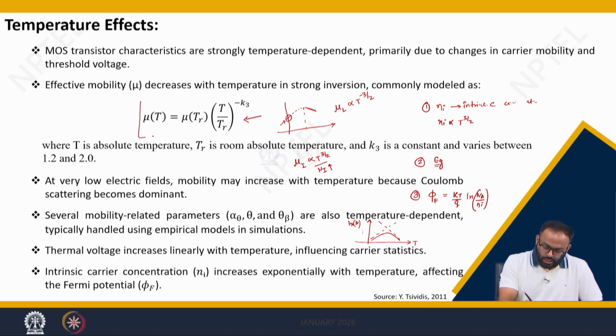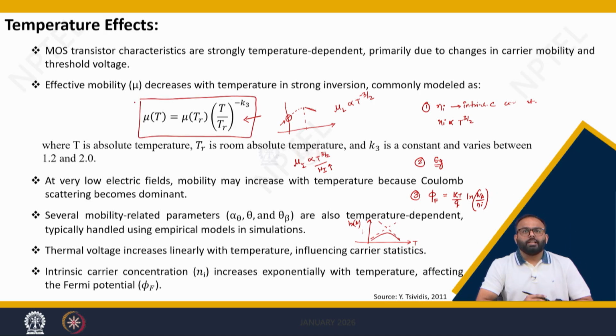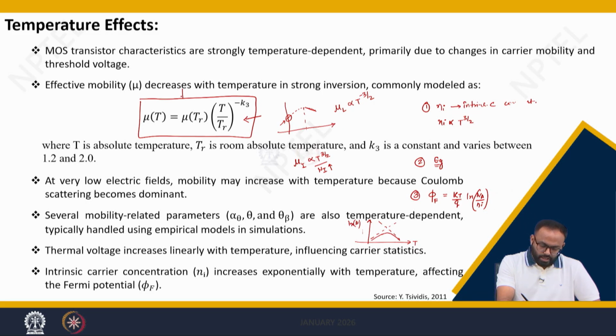Now, the temperature basically captures the mobility effect in terms of surface mobility as well. This equation is written in general for the strong inversion model, where these are the fitting parameters we need to get. In addition, we have defined a few more parameters like theta, theta b, beta r. These are related to the effective mobility equation.